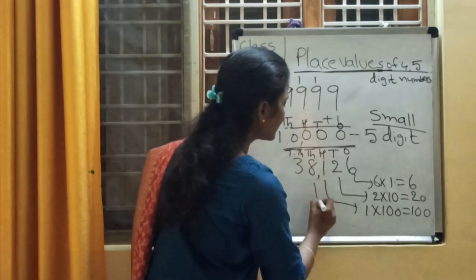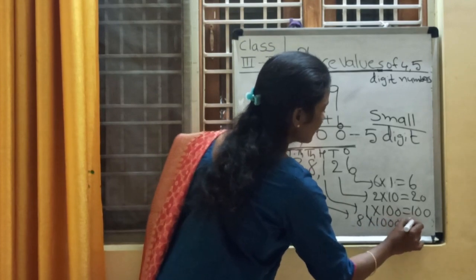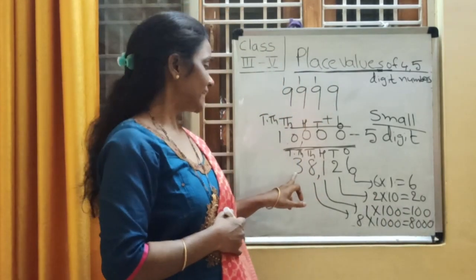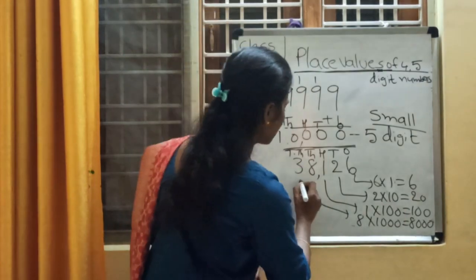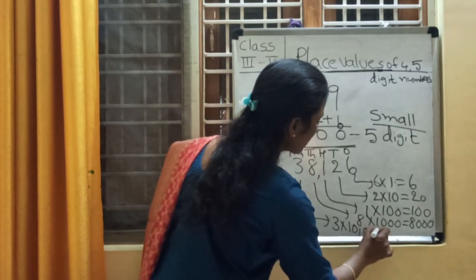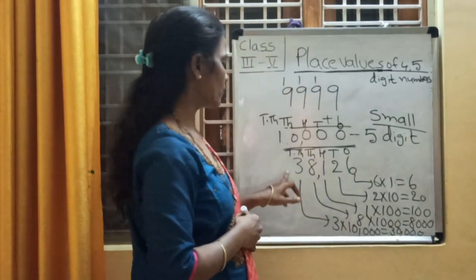As 8 is in 1000's place, 8 into 1000. 8,000 is the place value of 8. 3 is in 10,000's place. 3's place value is 3 into 10,000. 30,000 is the place value of 3.